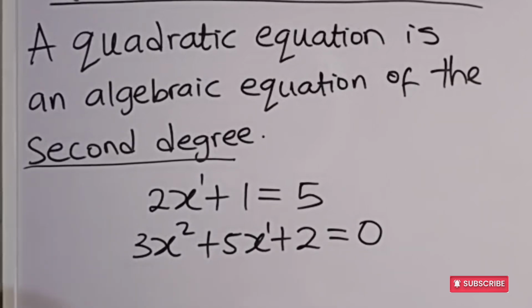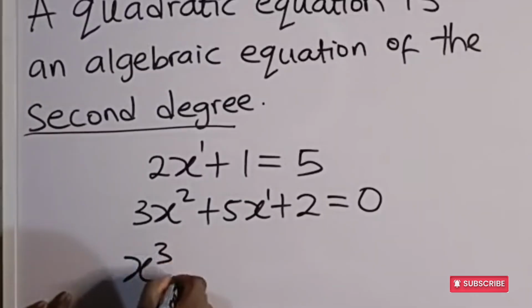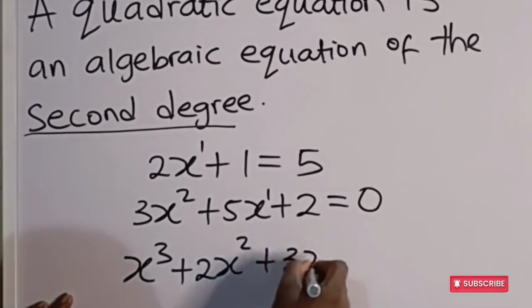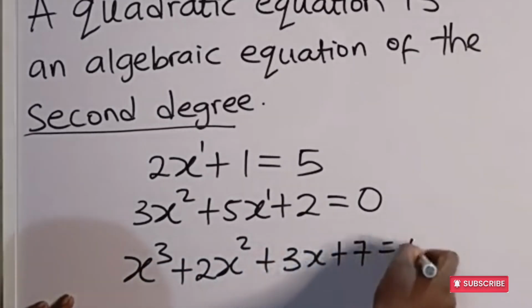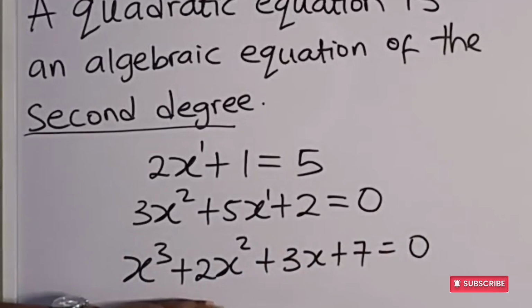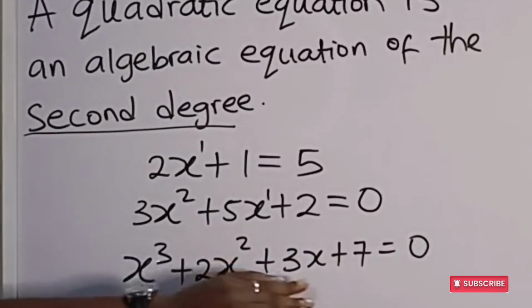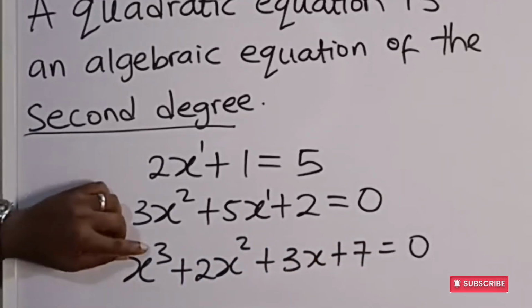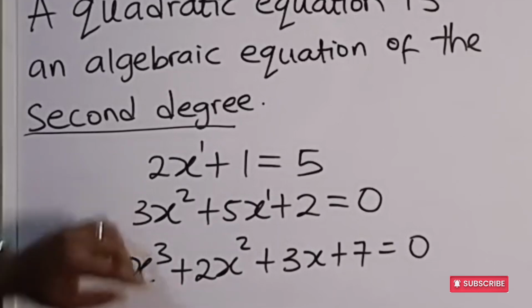What about if we have, is this a quadratic equation? x cubed plus 2x squared plus 3x plus 7 is equal to 0. This is not a quadratic equation. The reason is the maximum exponent of x here is 3.